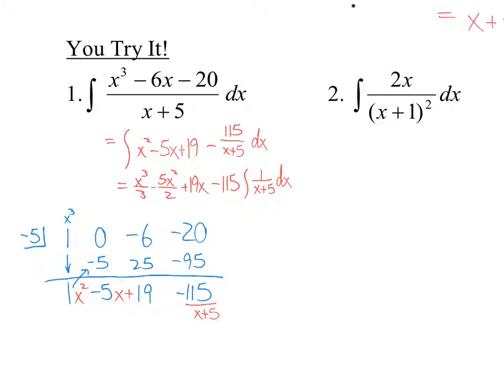So now we can get our answer: x cubed over 3 minus 5x squared over 2 plus 19x minus 115 times ln of the absolute value of x plus 5 plus c. Don't forget the plus c.